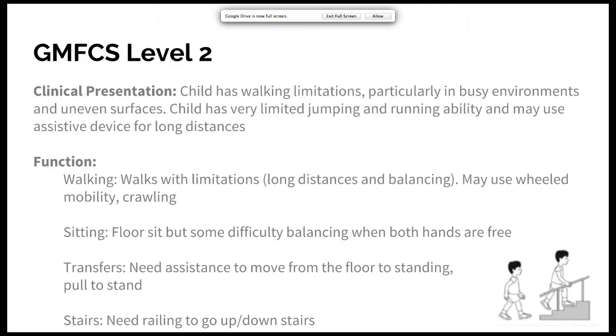Children with GMFC level 2 will be limited in their ability to run and jump and may require an assistive device or additional assistance from an adult to complete the task. Along with running and jumping, GMFC level 2 patients will need assistance from the railing to climb stairs or curbs, as you can see in the picture on the bottom of the right page.